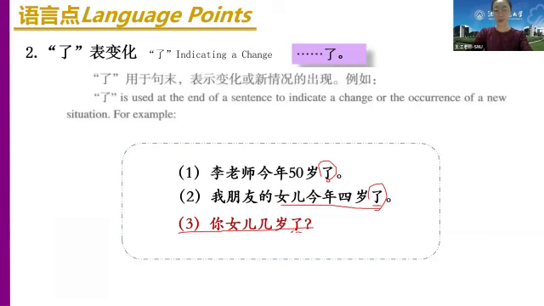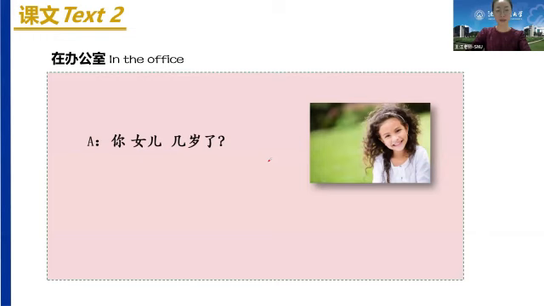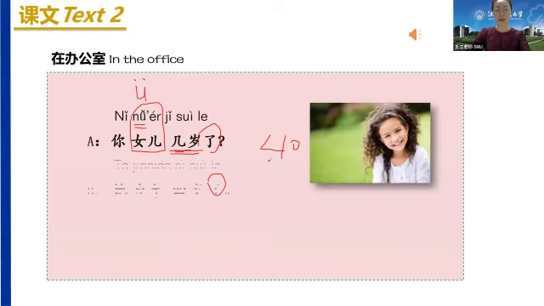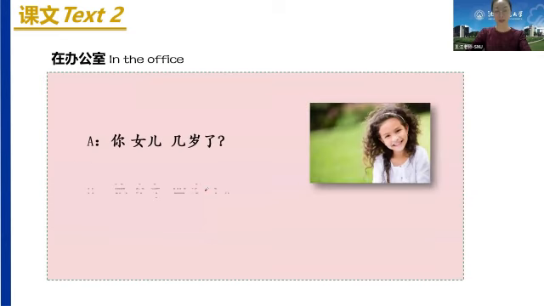So le is used at the end of a sentence to indicate a change or the occurrence of a new situation. Okay, that is text 2. 你女儿几岁了？How old is your daughter? 她今年4岁了。She is 4 years old this year.